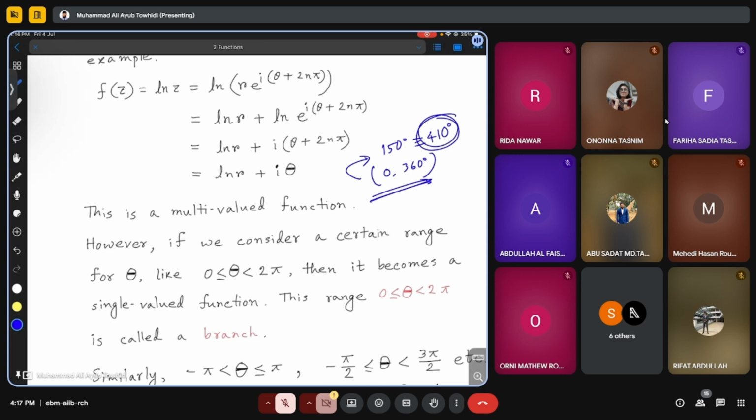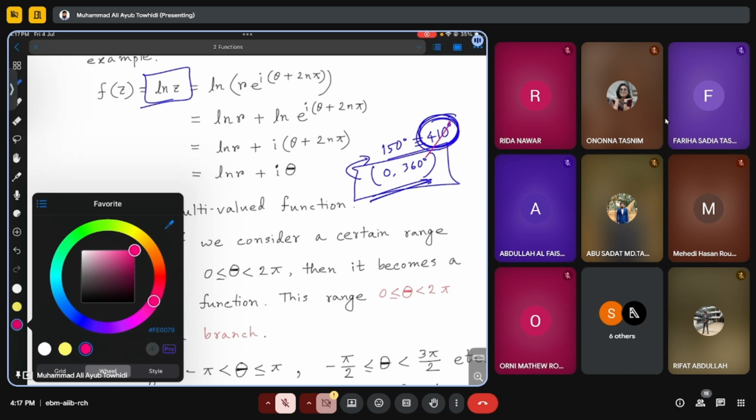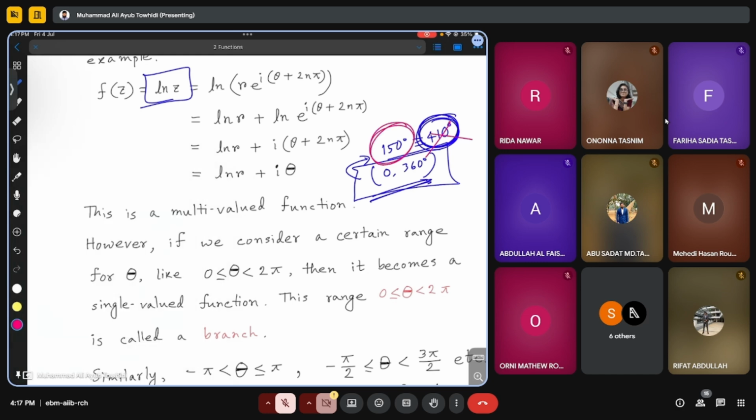So 410 degree is still the argument, or it can be still the answer of this ln z. But when I say it has to be within 0 and 360, then 410 cannot be taken. Then this is wrong. Then only 150 has to be taken. So it becomes a single valued function.